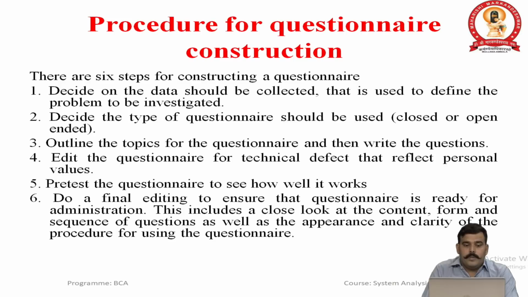The second point is to decide the type of questionnaire to be used, close-ended or open-ended. Outline the topics for the questionnaire and then write the questions. Edit the questionnaire for technical defects and reflect personal values.